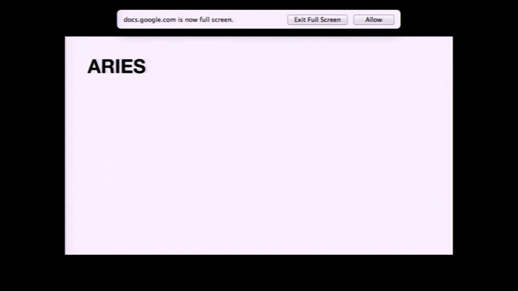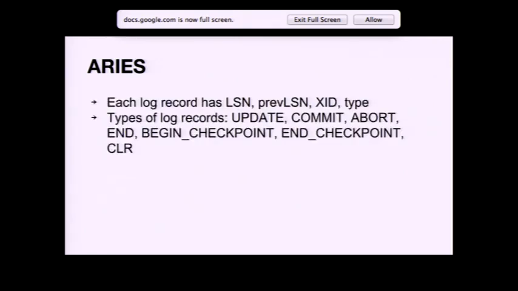All right, moving on. The recovery algorithm that we use in this class is called ARIES. It stands for Algorithms for Recovery and something else that I don't remember. In ARIES, we are creating a log. Every single time that we do an action, we write it to a log.